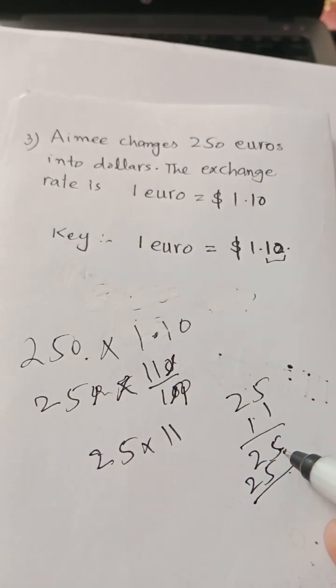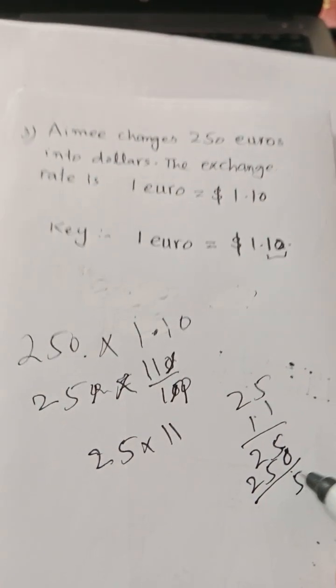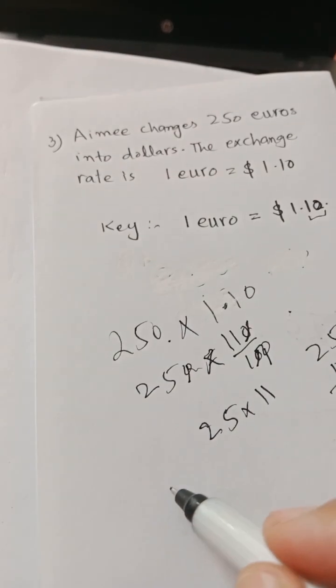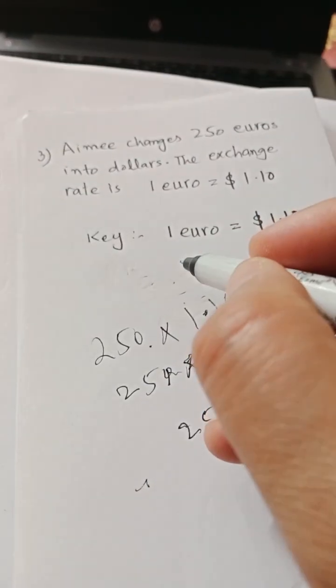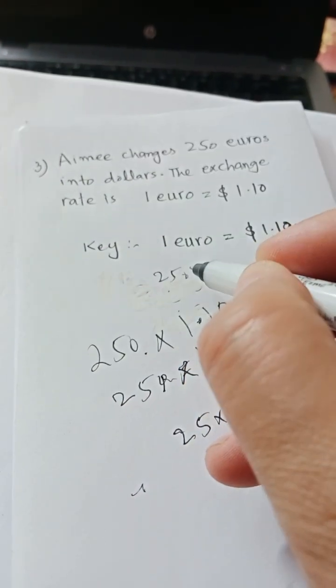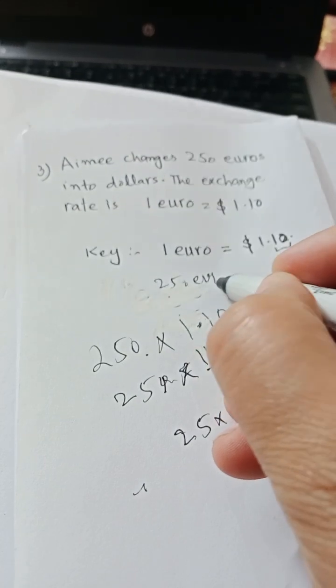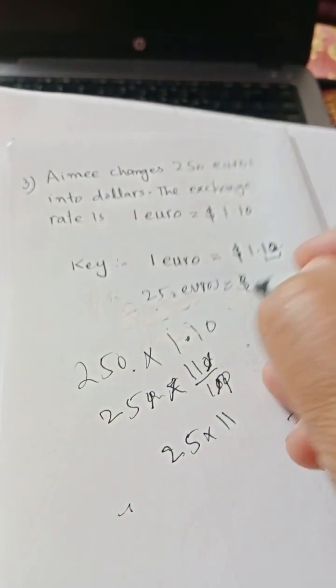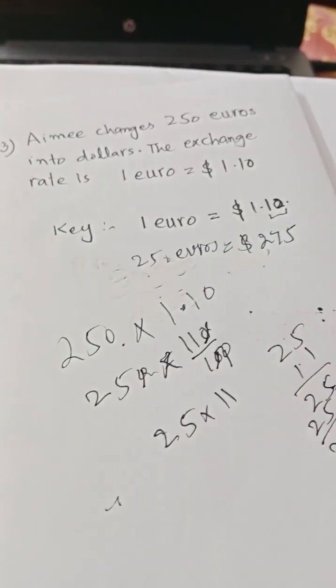Put 0 here. 5, 7 and 2, 275. So we can say that the 250 euros are equal to $275.